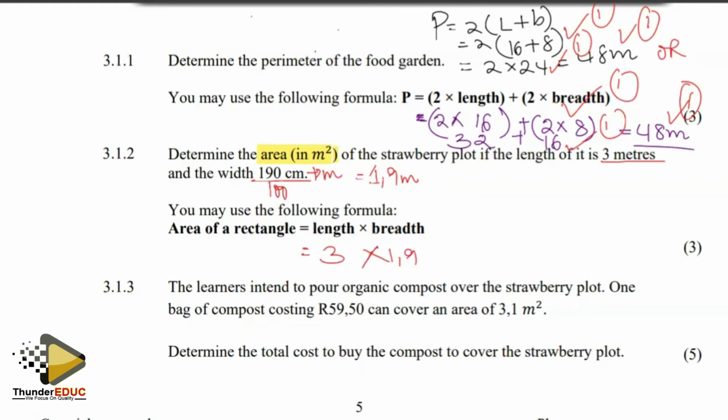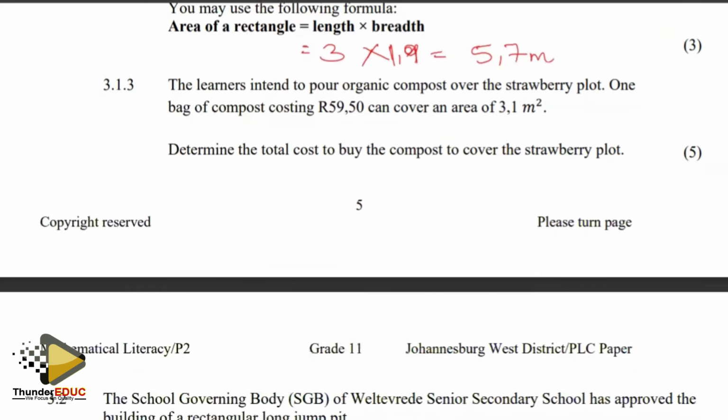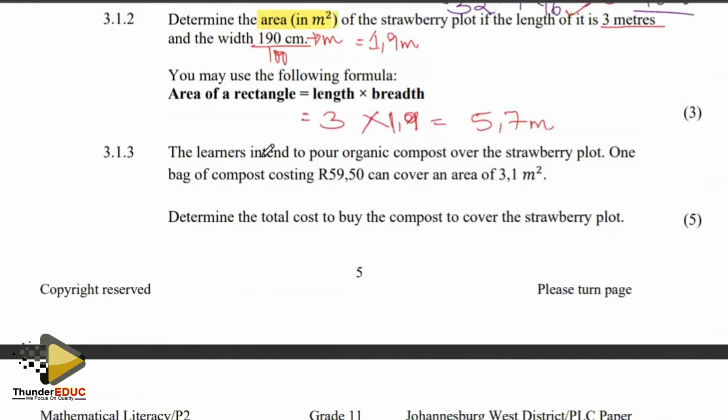So when you multiply this, you end up having the answer: 3 times 1.9 equals 5.7 meters. Okay, we're looking at that scenario there. That's done. Don't forget, these are meters squared, area.